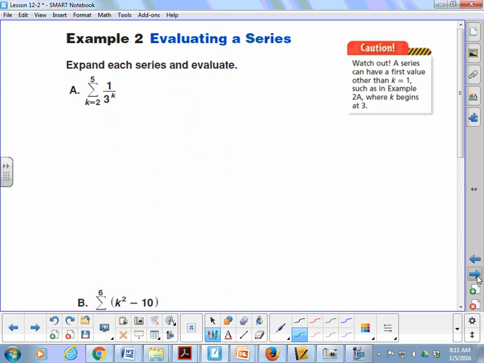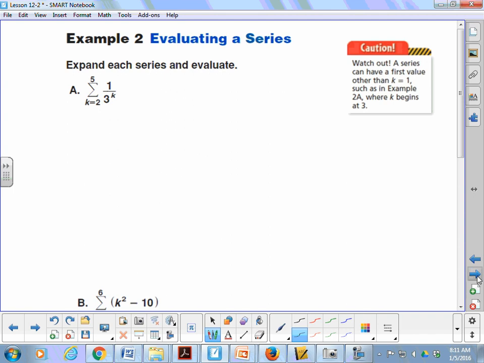In your homework today, you're going to be doing some work from the arithmetic sequences and series 2, so you'll work with more of that stuff then. So it says evaluate a series. Expand each series and then evaluate it. When it says to expand, that means we're going to put all the numbers in, show the addition that we're going to do, and then add them up.